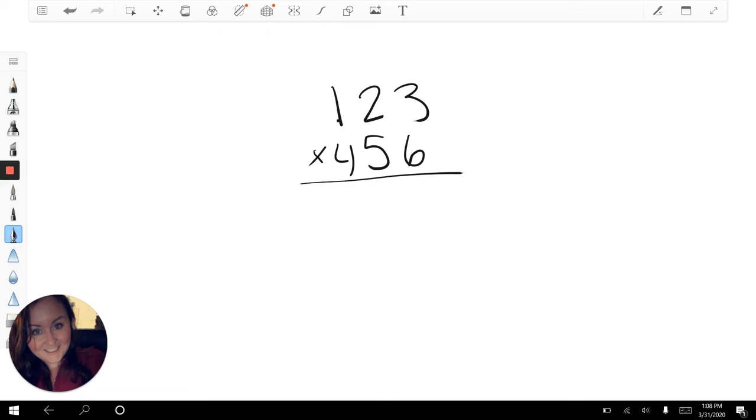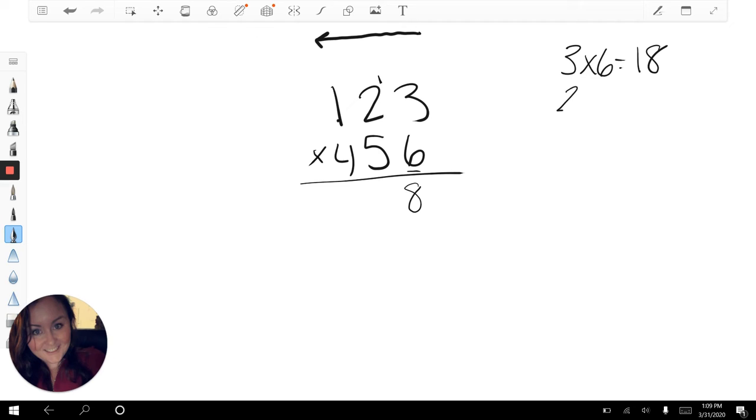Okay, so we're working our way from right to left, and we're going to start with the 6. So we have 3 times 6, which is 6, 12, 18. So we write the 8, and we carry the 1.